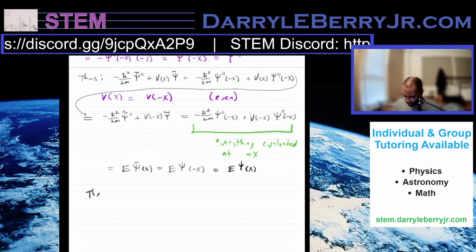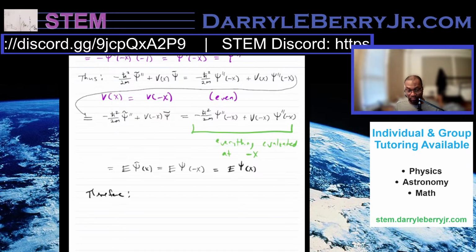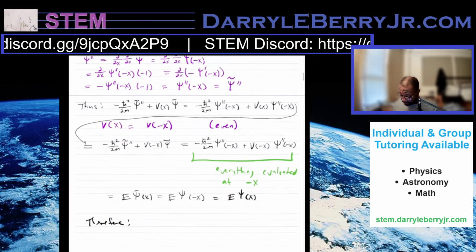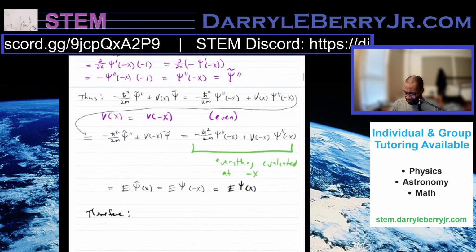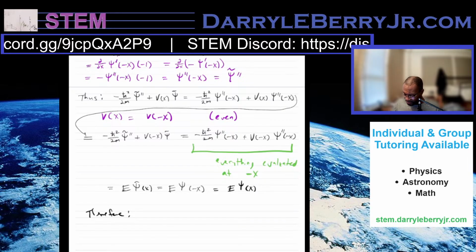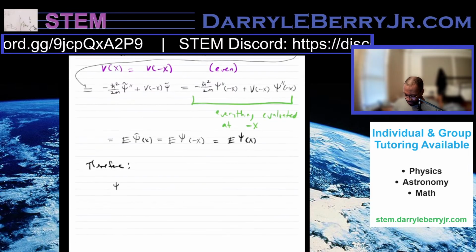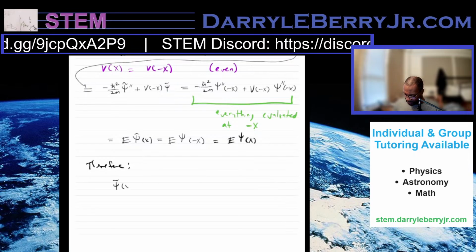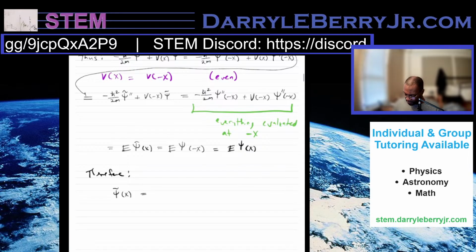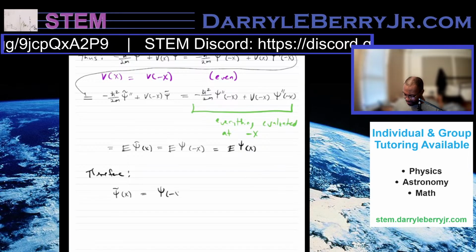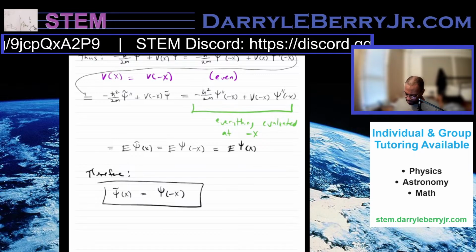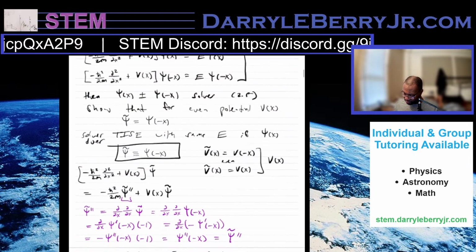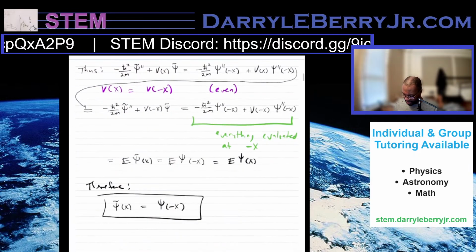So therefore, a tilde right there. What tilde means is just a way of simplifying writing. So basically what's going on there is we have a psi that is psi of negative x. So I just wrote it that way to simplify it.